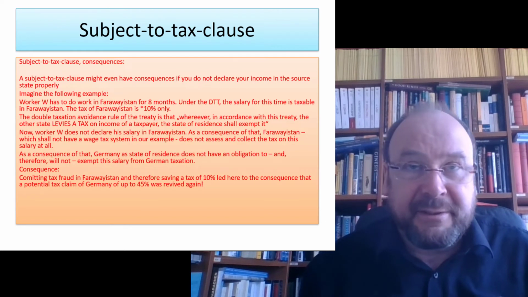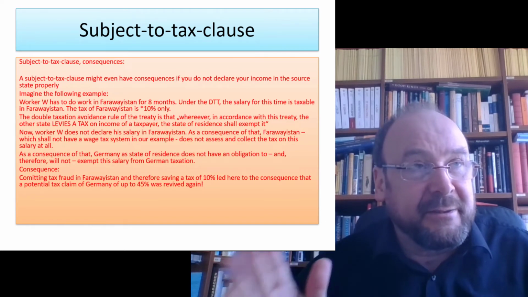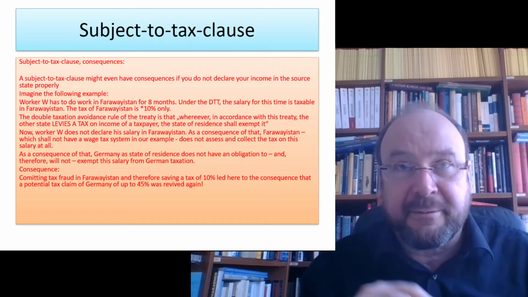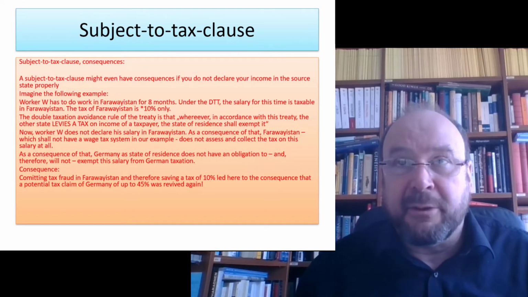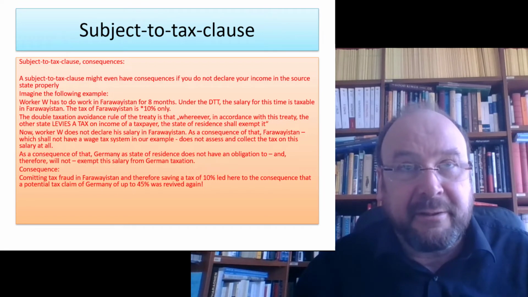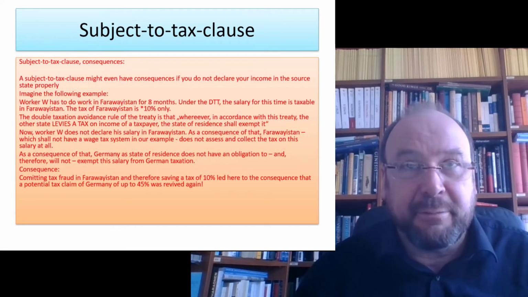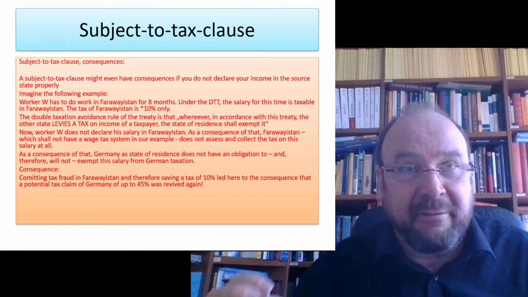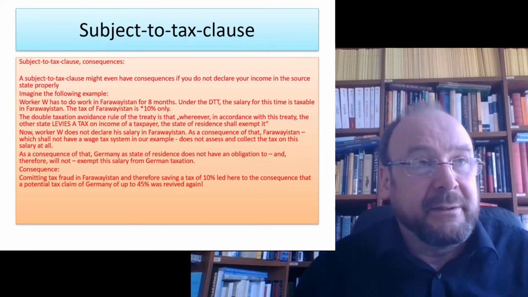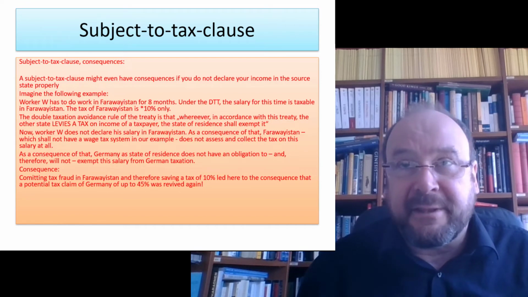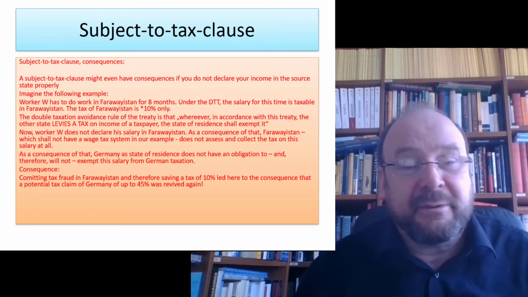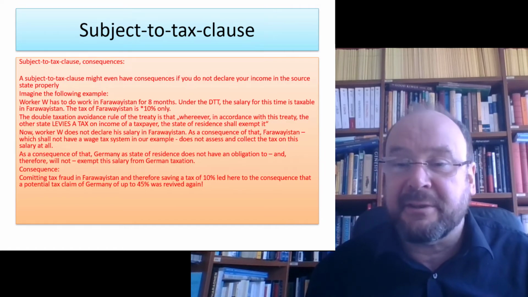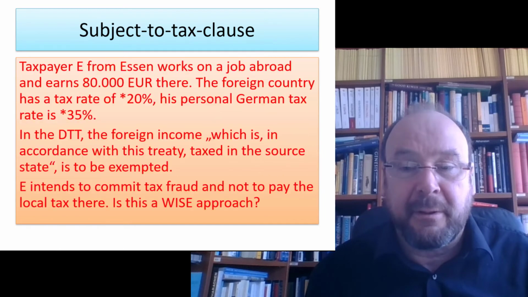For example, if the other state says after 6 years or so tax fraud will be forgotten, then the German says, but you committed tax fraud here in Germany too, because you didn't declare that salary here. It's not exempt here. It can never be exempted because the source state can, by its own law, never collect this tax again. So we collect the tax now and we prosecute you now for tax fraud. So, interesting effects of a subject to tax clause which are possible.